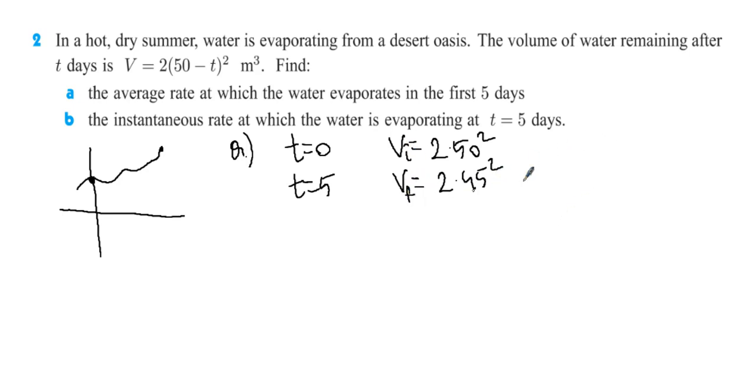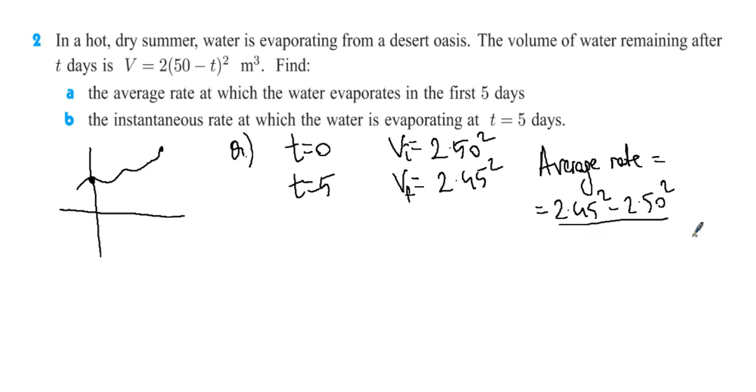Let's do initial, final, and the average rate of change. It's usually final minus initial, but you can go reversely, no problem. 2 times 45 squared minus 2 times 50 squared, divided by 5 minus 0, the time, and if you calculate this, it's 190 meter cube per day.